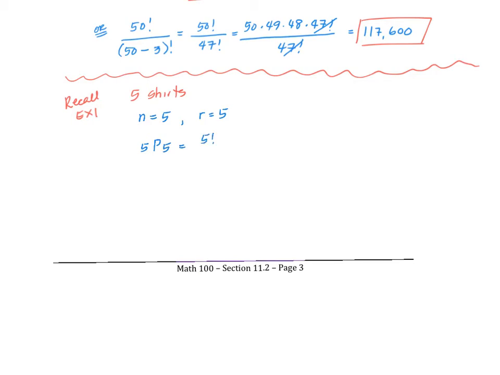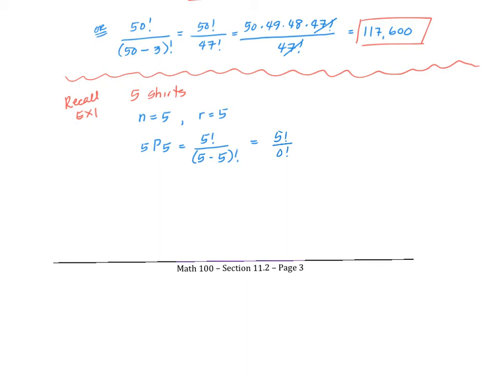5 factorial over parentheses n, which is 5, minus r, which is 5. And that's why we need our 0 factorial to be 1. Because this would be 5 factorial over 0 factorial. Now, a lot of people want to write 0 factorial as 0. But it's not a positive integer, so it doesn't follow the formula.